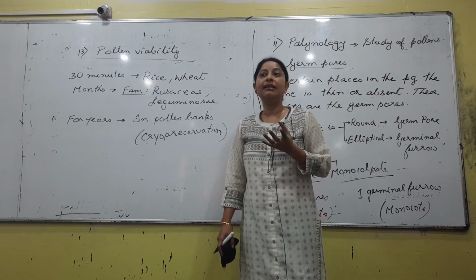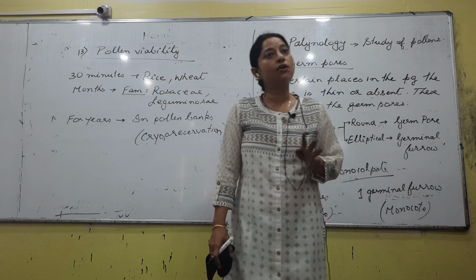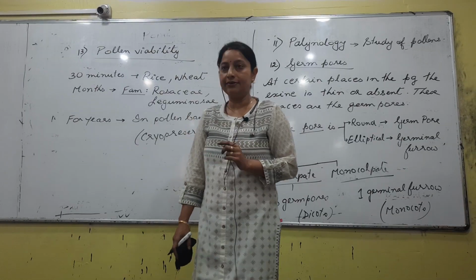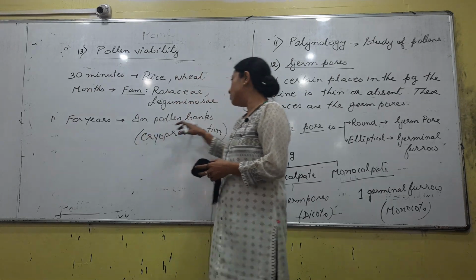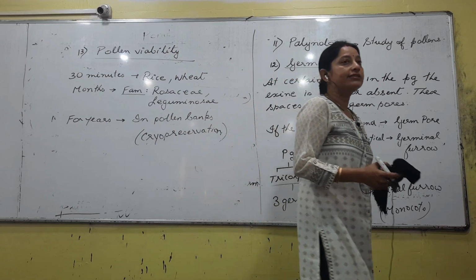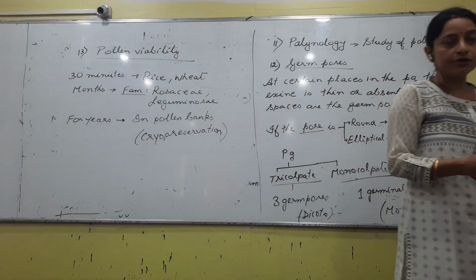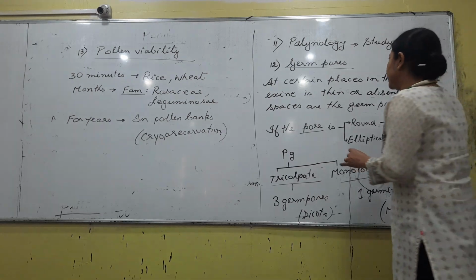After pollination, how long it will remain functional, only 30 minutes. So it has to get pollinated within 30 minutes or else it will become non-functional, right? Similarly, in certain families they will remain for months, and in pollen banks you can keep the pollen grains for years together by a process called cryopreservation. And whenever we talk about cryopreservation, we remember liquid nitrogen, right? Yes, -197.